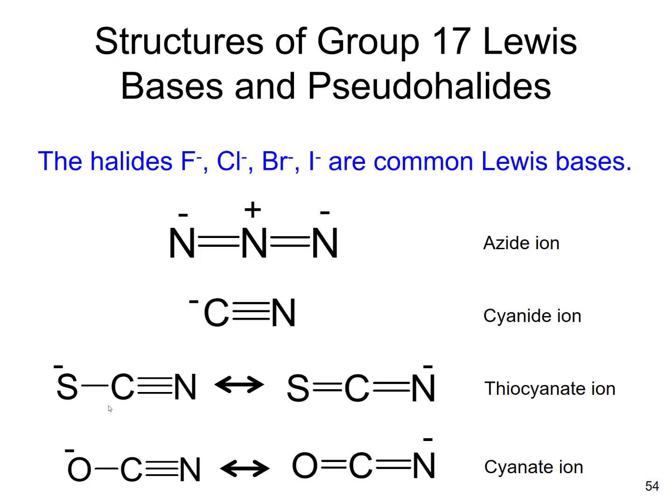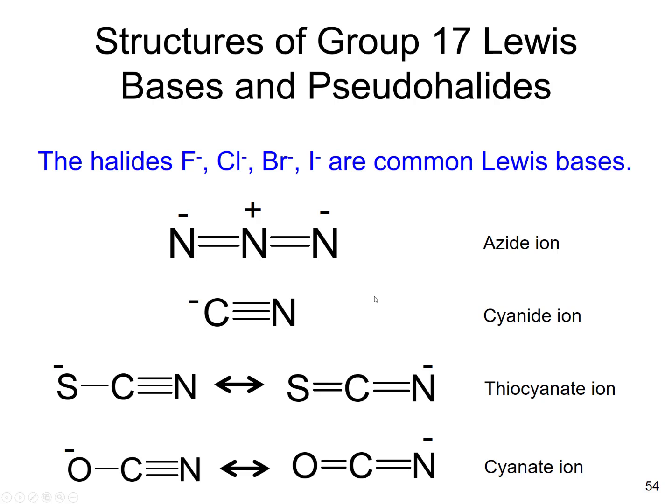In group 17, we have Lewis bases, which are the typical halides. So we have seen many examples where fluoride or chloride or bromide acts as a Lewis base, and they can form adducts with all sorts of Lewis acids. In addition, we have pseudohalides like the azide ion or the cyanide ion or the thiocyanate or the cyanate ion.